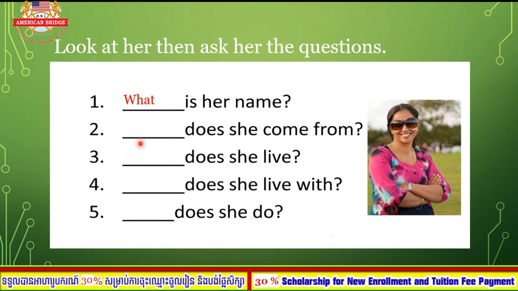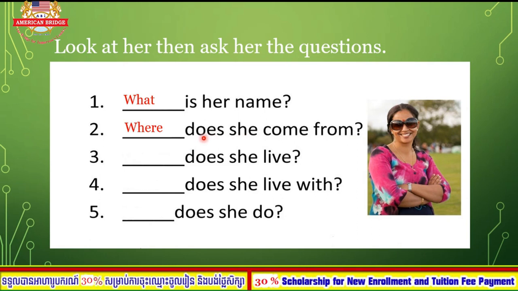How about number 2 everyone? What WH word should we put here? Read together: does she come from? Come from here tells us about the place, right? So when we want to know about the place of someone, what WH word do we use? Yes, you are right. We need to ask where. Where does she come from?